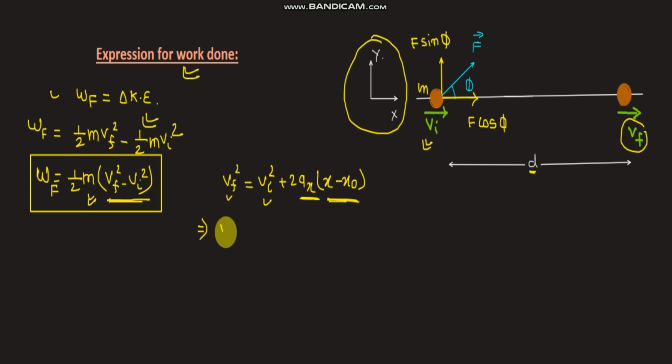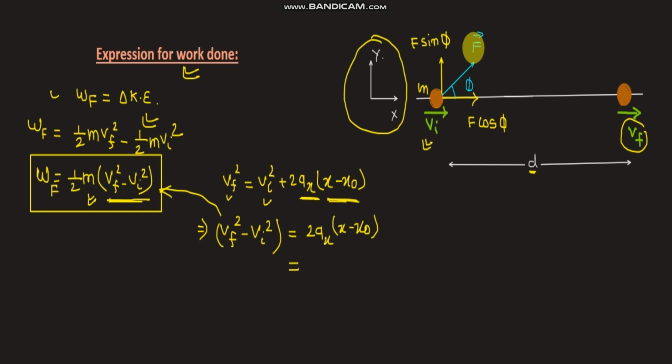Proceeding further, v final square minus v initial square from this expression is equal to 2 a_x (x minus x naught), and we can directly put these values here. So what is the acceleration in x direction?